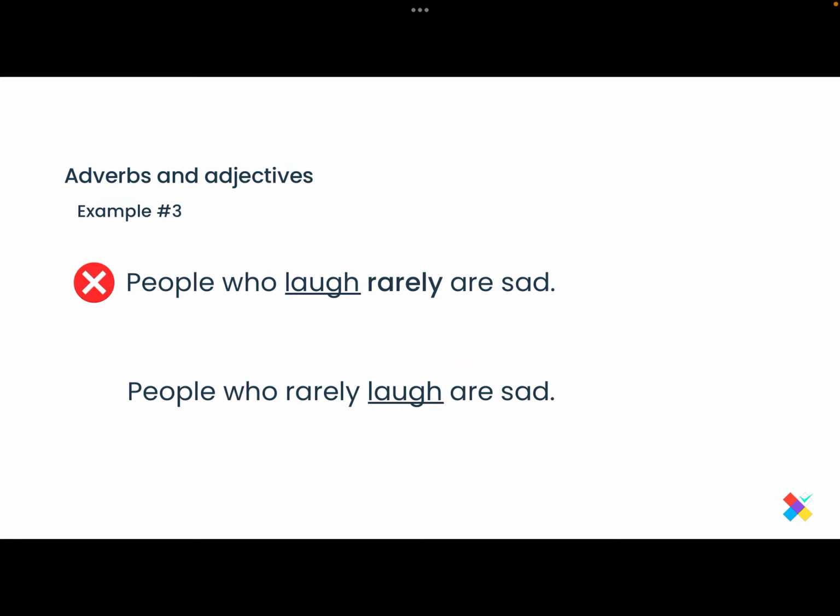However, in the first sentence, rarely is also next to the verb are, making it sound like people who laugh don't become sad. But the actual intent of the sentence, and the correct sentence in the second one, is to show that people who don't laugh often, who rarely laugh, have sad personalities. And yes, it is a subtle but very important distinction.